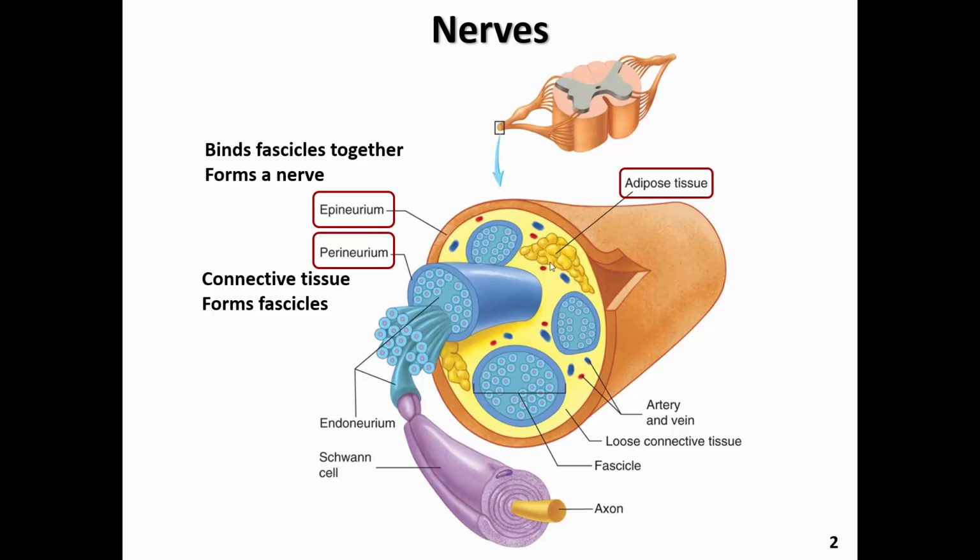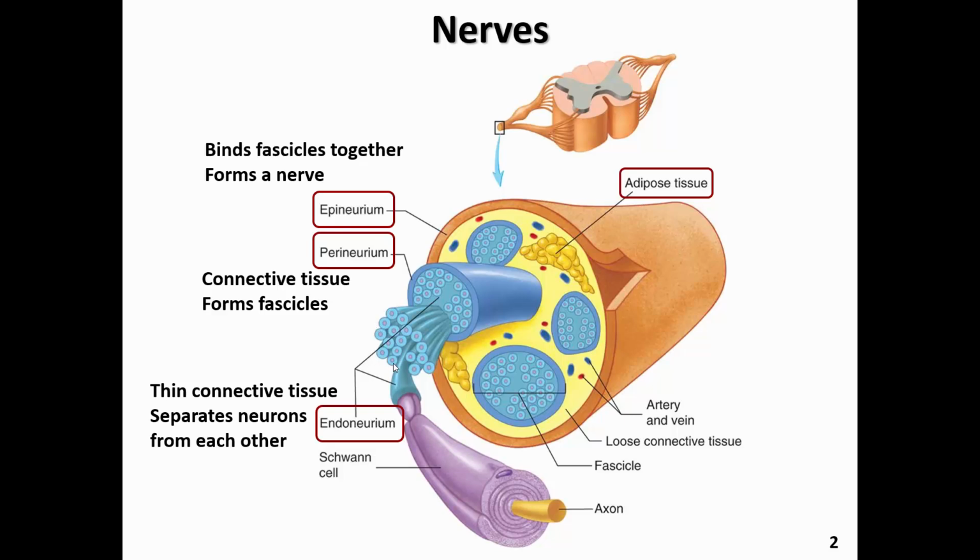As we look inside the cross-section of a nerve, we see that there are these organized fascicles. And the fascicles are collections of neurons. And those neurons are organized by the perineurium. So as we have a connective tissue type of covering around an entire nerve, so do we have a connective tissue covering around a group of these neurons.